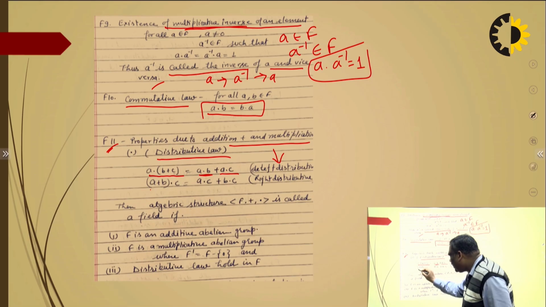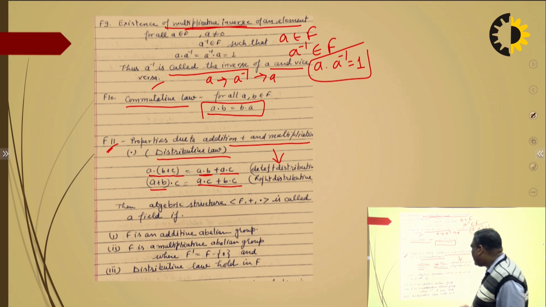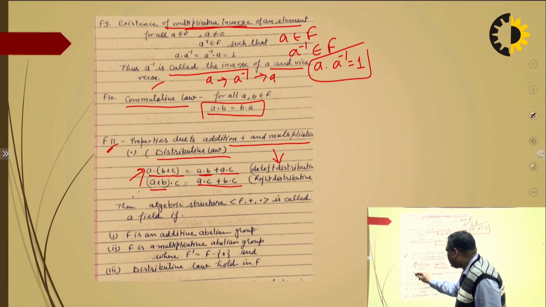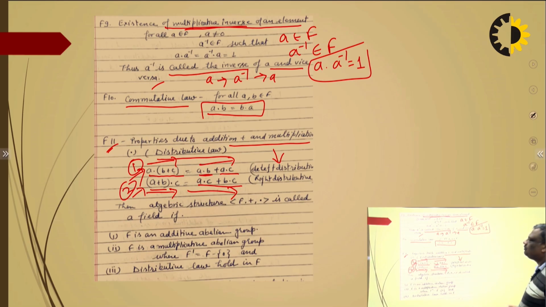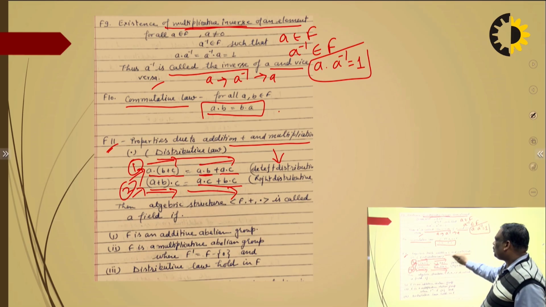In the same manner, (A plus B) dot C is A dot C plus B dot C. If the left distribution and right distribution are equal, that means the first is equivalent to the first and the second is equivalent to the second. Therefore, we can say that the distributive property holds.